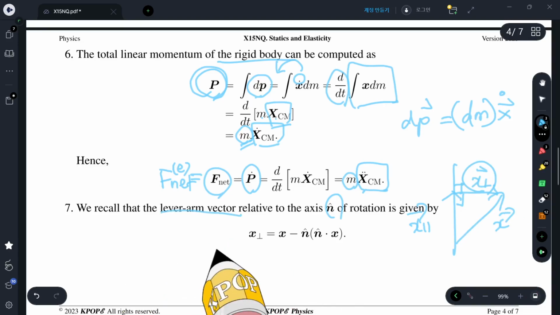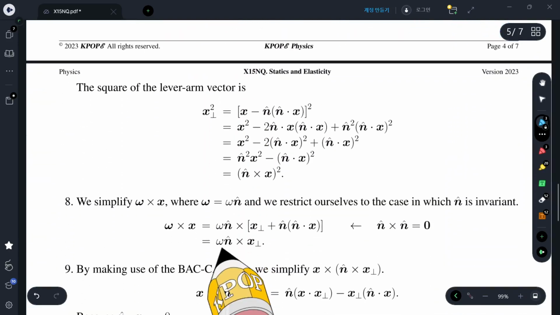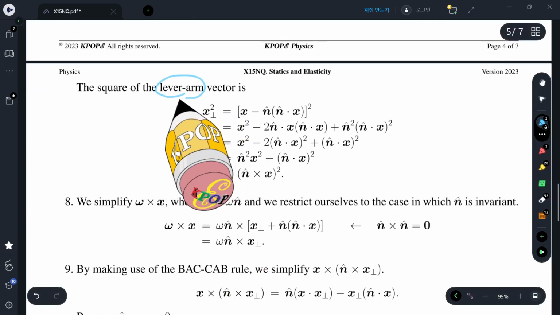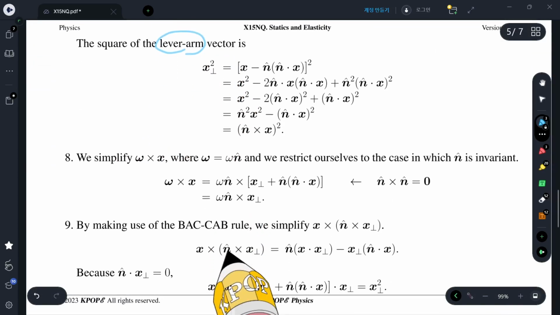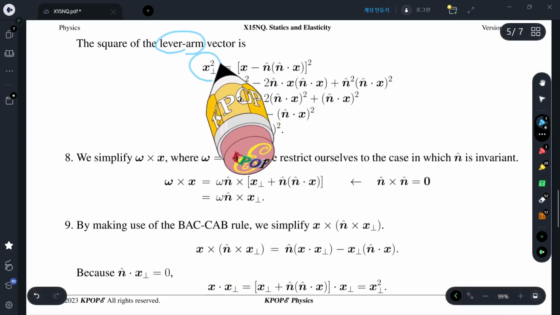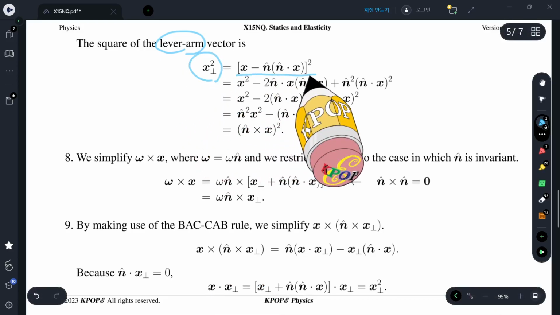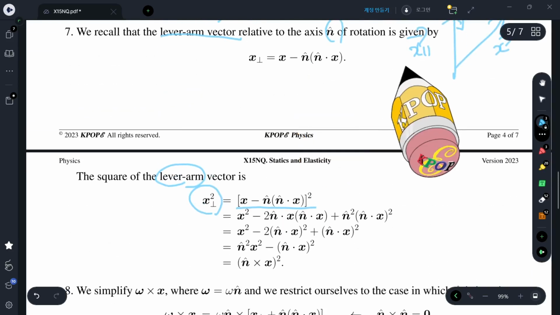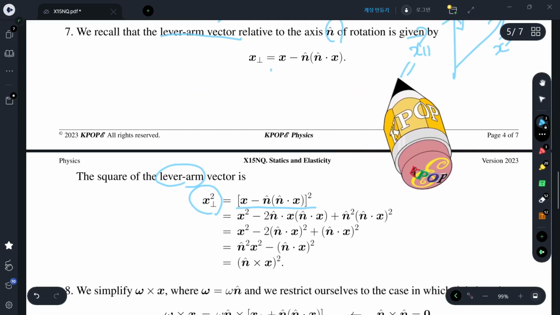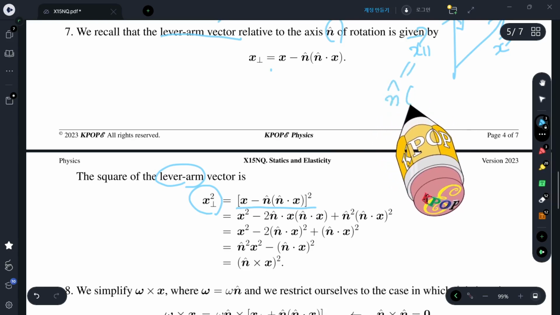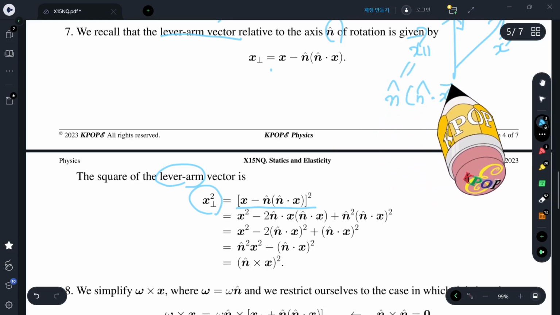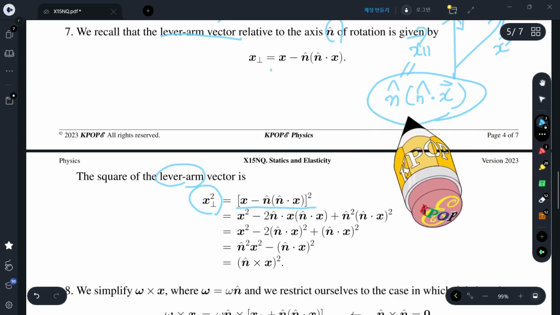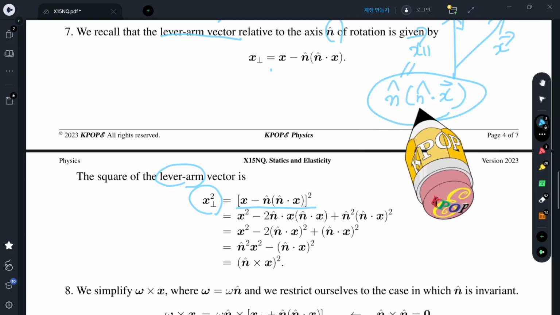The square of the lever arm vector is quite important when we study rotation. X-perp is x minus x-parallel, where x-parallel is n hat dot x, the parallel component along the axis of rotation.